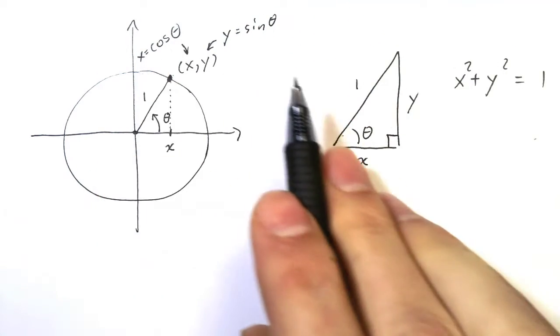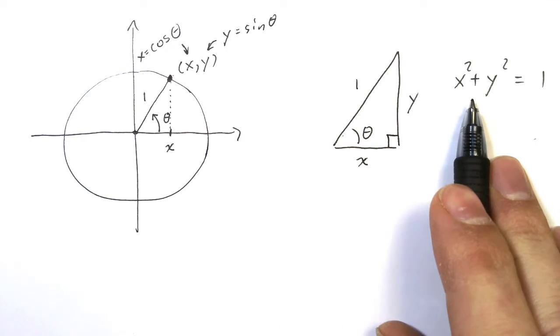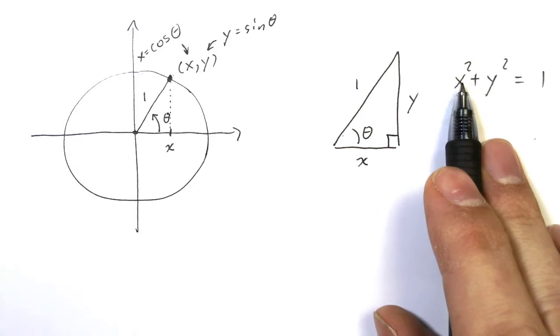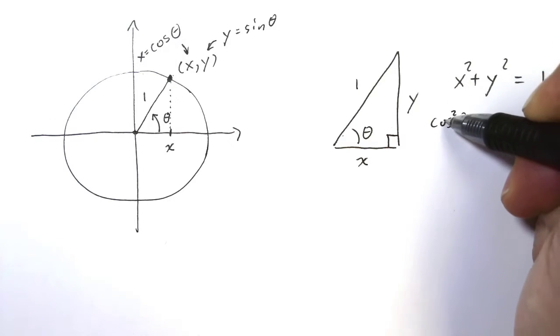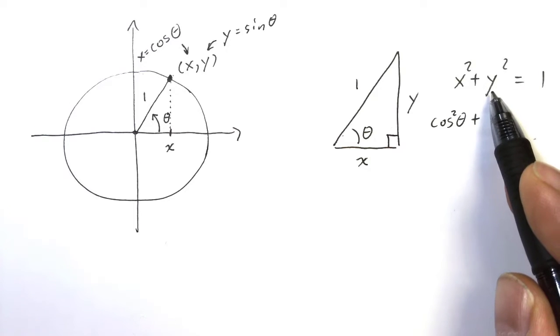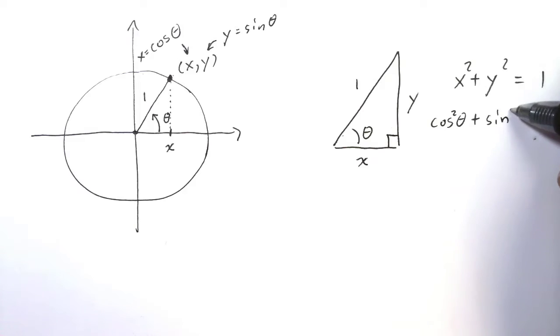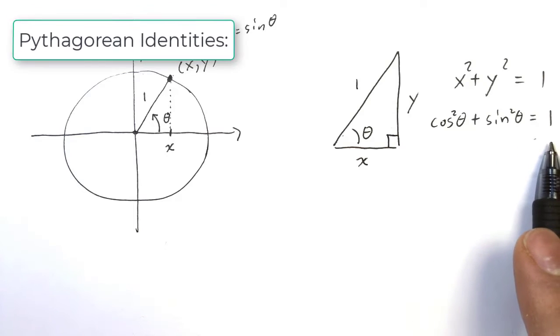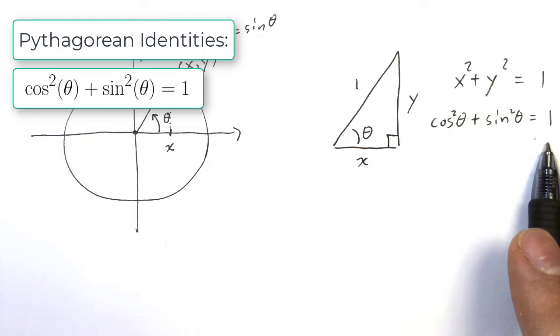If we substitute these into the Pythagorean formula, what do we get? x is cosine theta, so this is cosine theta squared, which we write as cosine squared theta. y is sine theta, so this is sine squared theta. And that equals 1. This is our first trigonometric identity: cosine squared theta plus sine squared theta equals 1.